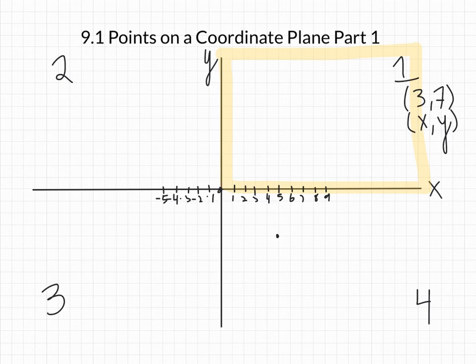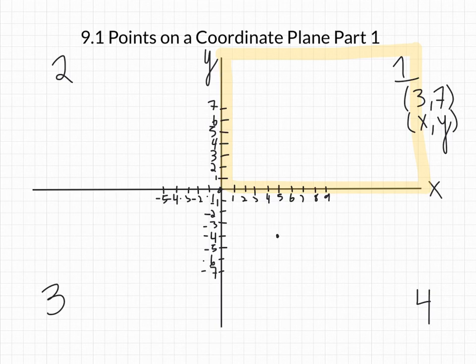The ones in the top half of the y-axis are going to be all of my positive numbers: +1, +2, +3, +4, and so on. And then I could also label my negative numbers on the y-axis going down the bottom: -1, -2, -3, -4, and so on.